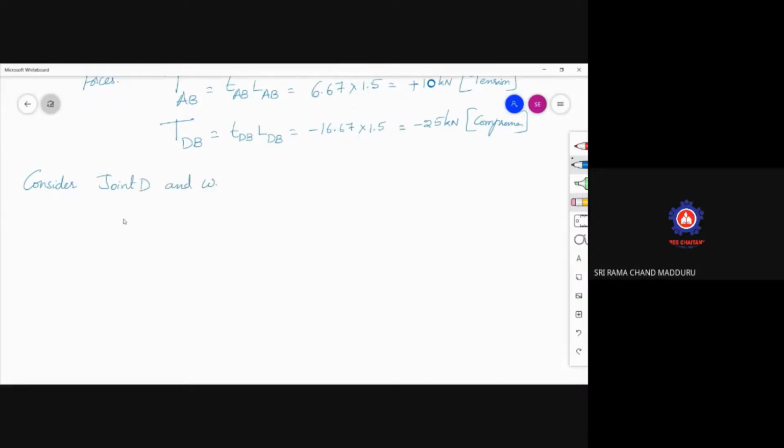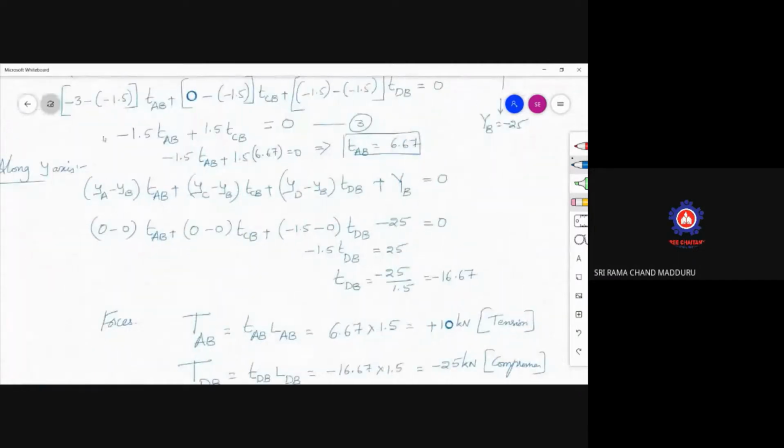Consider joint D and write the equilibrium equations along the x-axis. First of all, let us draw the free body diagram. We'll understand how many members are meeting at joint D. Let us go to joint D and observe the diagram.